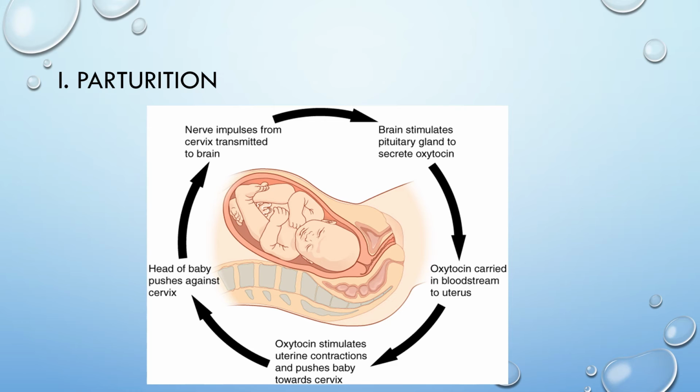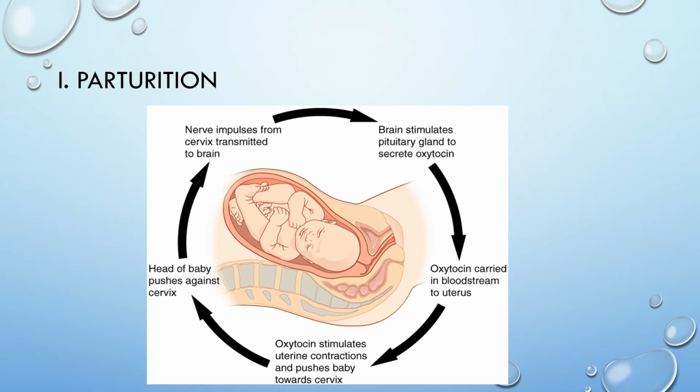When oxytocin is released into the circulation, it will stimulate another uterine contraction, and this will cause the baby's head to push again towards the cervix. During a positive feedback mechanism, normally it will initiate what we call a vicious cycle.